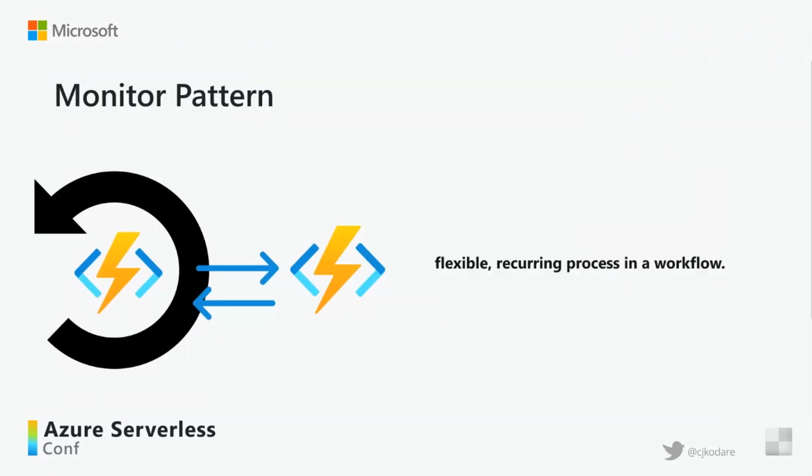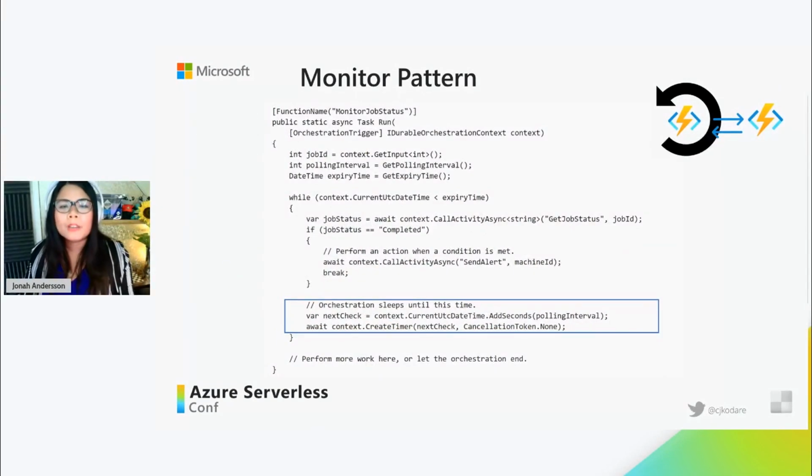And the next pattern is the monitor pattern. The monitor pattern is the opposite of the HTTP async API pattern, because this one is different. It is useful for recurring processes that can be flexible in a workflow. For example, you can use timers to monitor a certain workflow. For example, this one, monitor pattern.